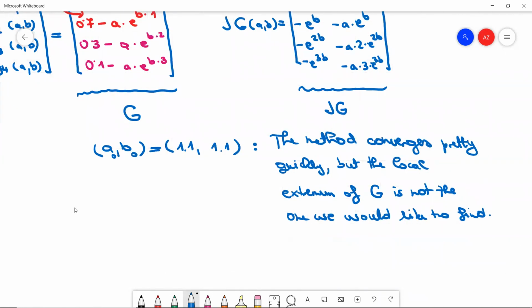And a similar situation was observed for A naught, B naught equal to 1, minus 1.